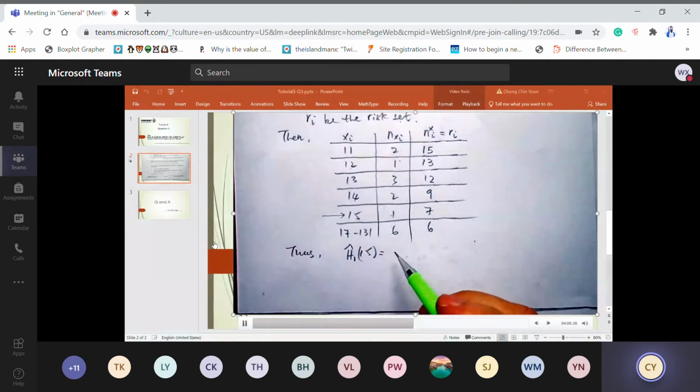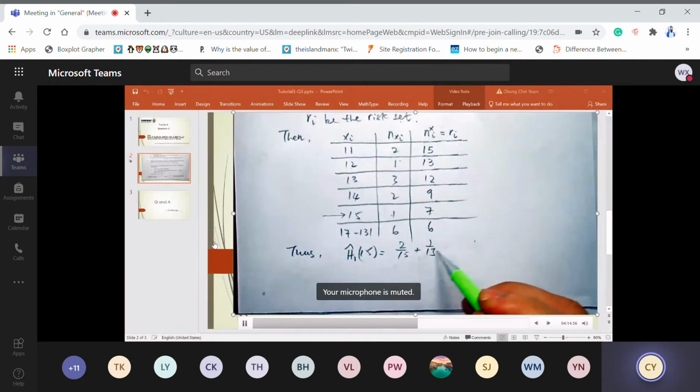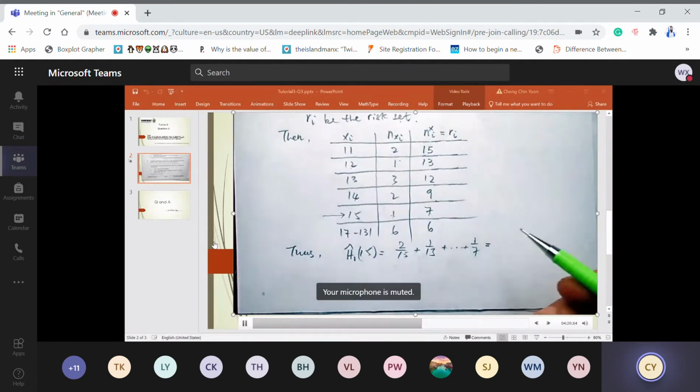So we will have 2 over 15 plus 1 over 13 plus until 1 over 7. So this will give the result, which is about 0.825336.